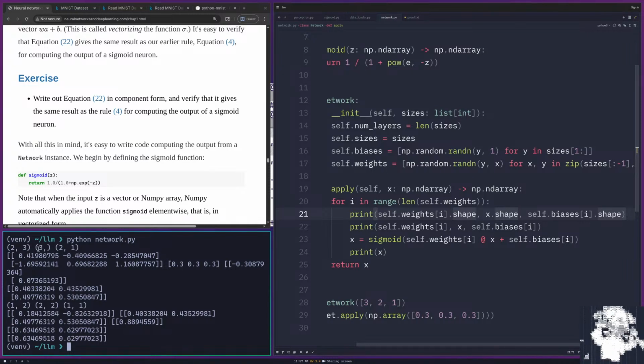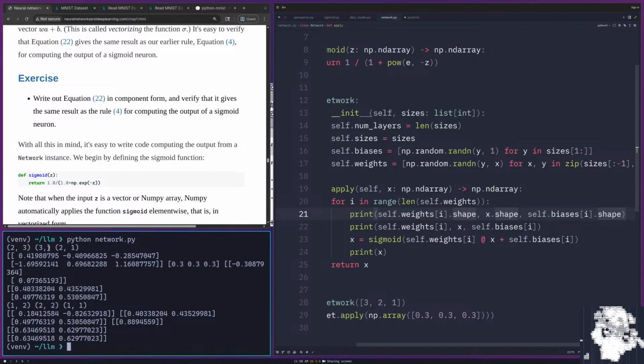So 2 by 3. And then the bias is 2 by 1? Oh yeah, by 1.